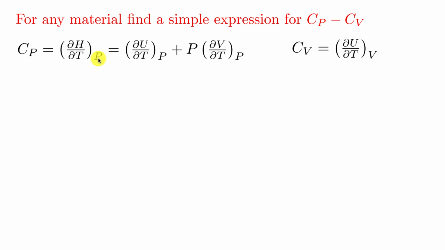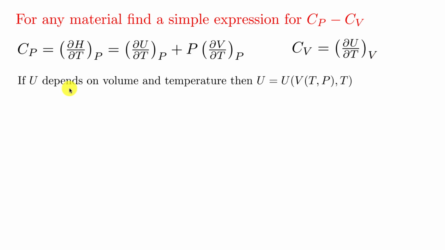So the difference between Cp and Cv is that on this side you have this, and on this side you have this. Now here one realizes that U, the internal energy, depends upon the volume and it depends upon the temperature. In other words, U is a function of the volume and the temperature, but the volume depends upon the temperature itself and upon the pressure.